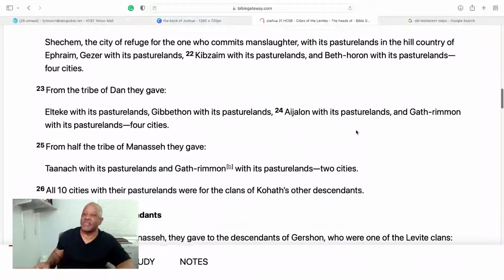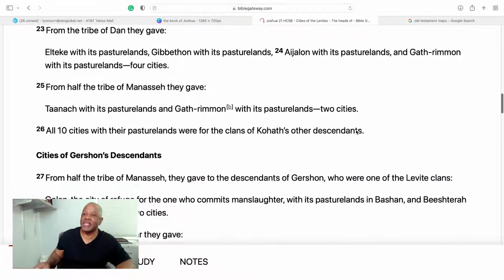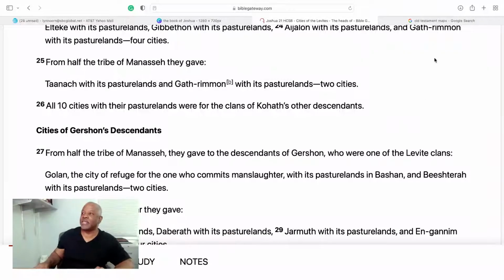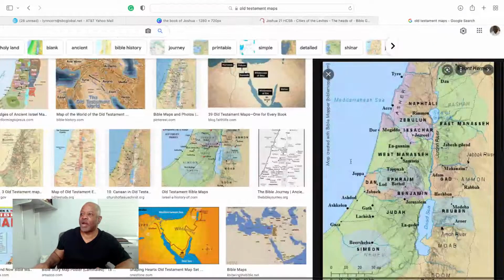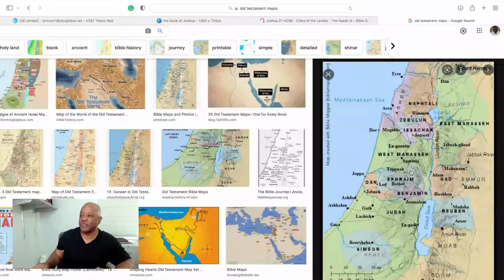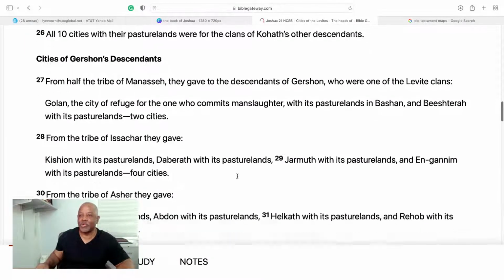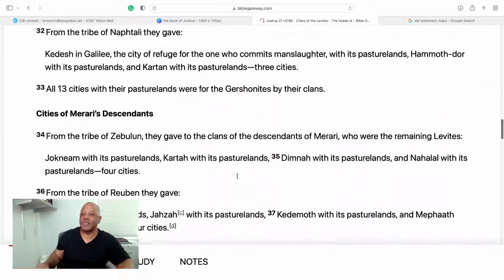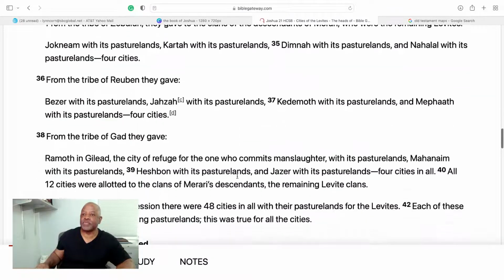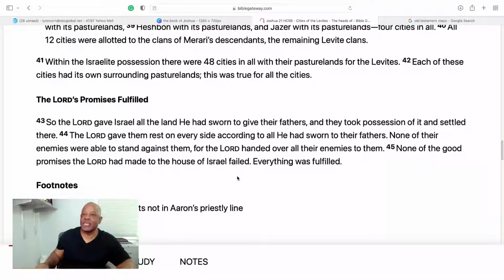And then it goes on, verse 23, the tribe of Dan. These are all the different tribes, as you see right here on the left, in the different regions. There were cities that were given within all of these areas for the priests to live in. They were free land, no tax. They were untouchable by the people. All right, so again, you see all this land.